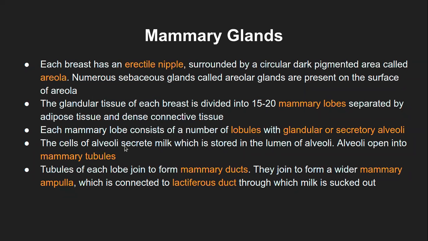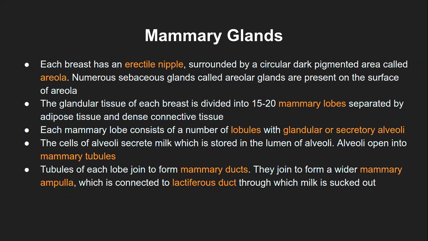Each mammary lobe consists of a number of lobules. It's the same as how we studied the ovary, which has lobules and compartments. This breast structure is something similar as well. So the breast has mammary lobes, and each lobe has several lobules with glandular or secretory alveoli. Now these alveoli have nothing to do with the lung alveoli.